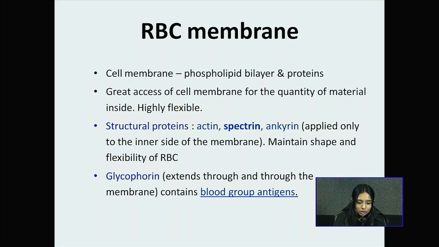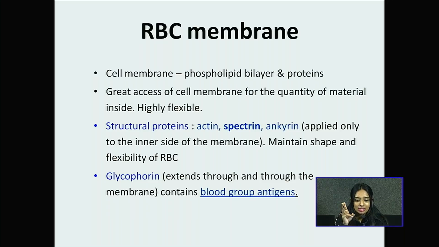Now, the structural proteins are three: actin, spectrin, and ankyrin. These three proteins are present only on the inside of the membrane, and they are responsible for maintaining the shape and flexibility of the RBC.